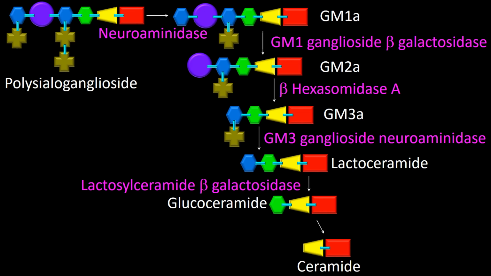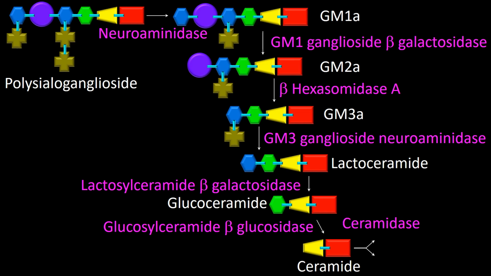Glucoceramide with the loss of glucose becomes ceramide. This is accomplished mainly by the glucoceramide beta glucosidase. Ceramide then splits by an enzyme called ceramidase into fatty acid and sphingosine.